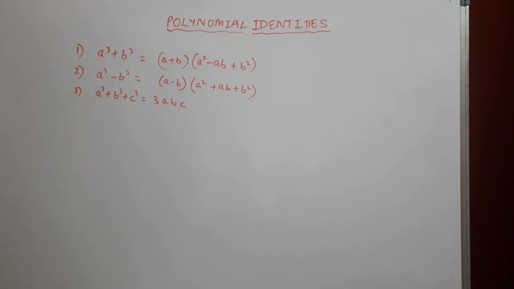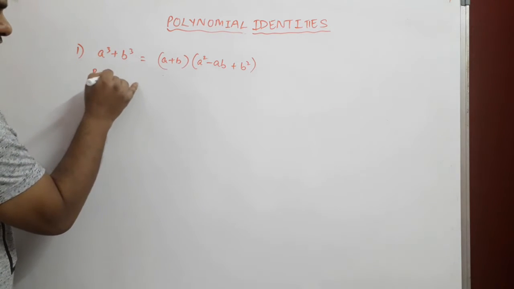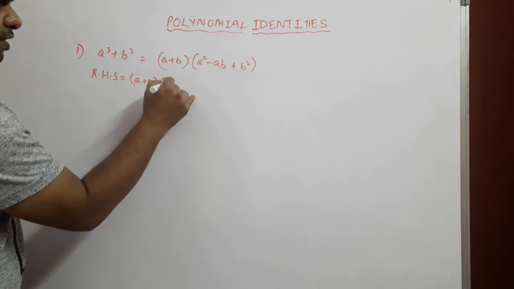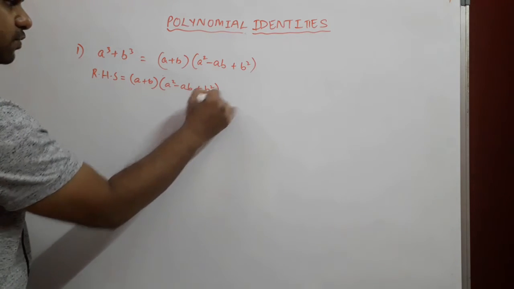So let's begin with proving the first one, that is a cube plus b cube equal to a plus b into a square minus ab plus b square. In this case we take the right hand side, which is equal to a plus b into a square minus ab plus b square.